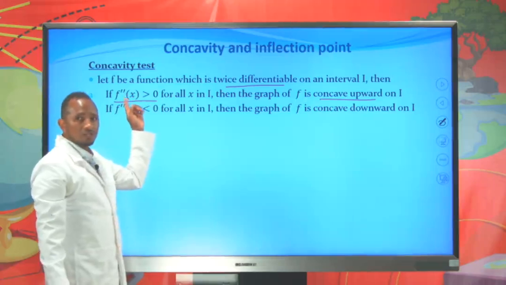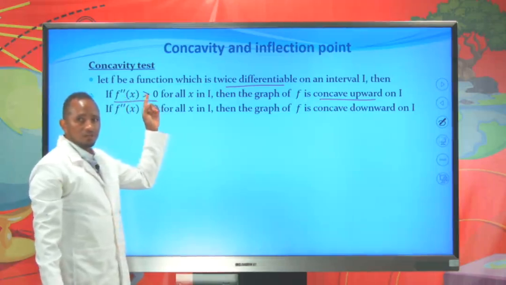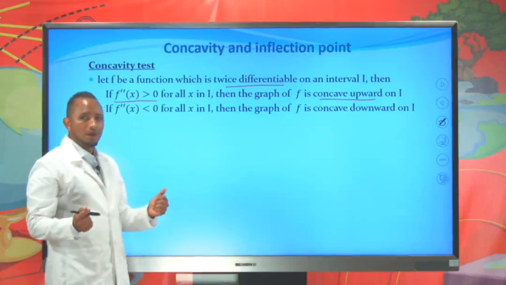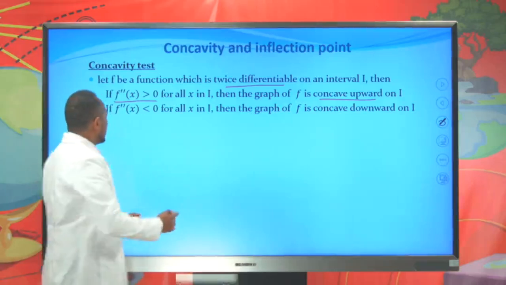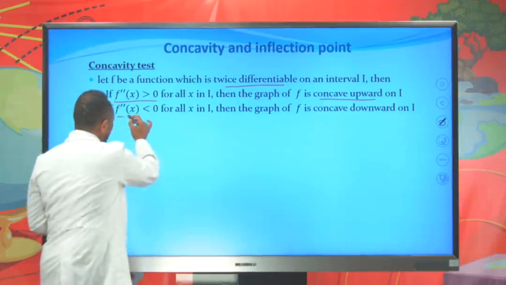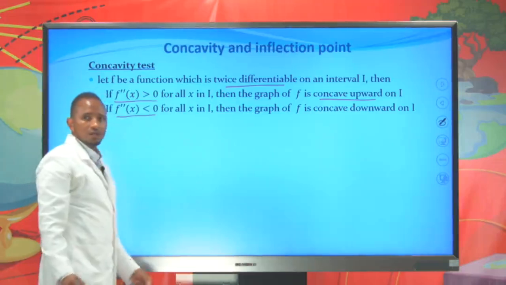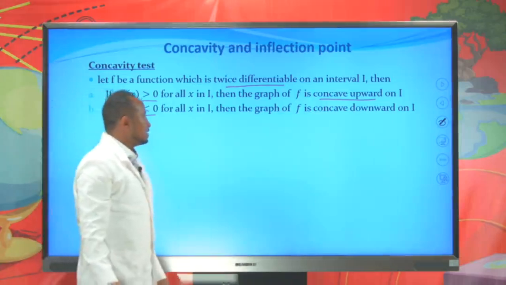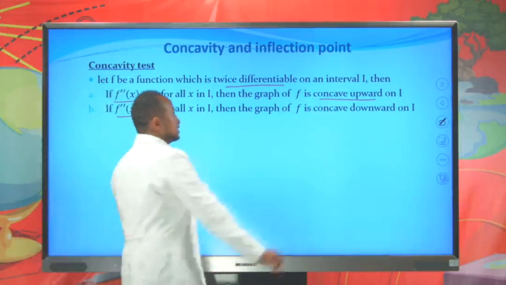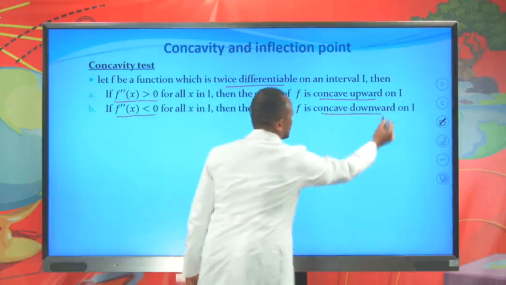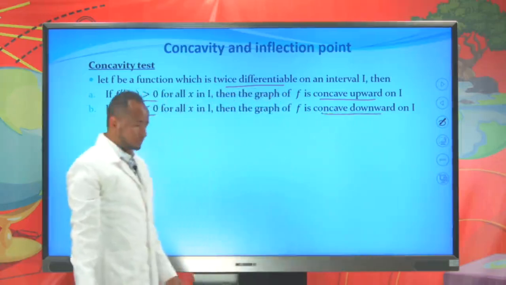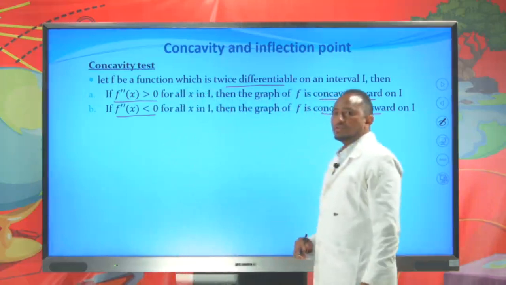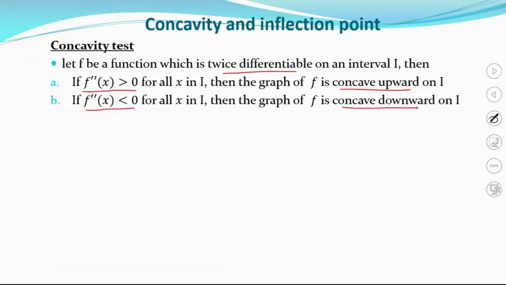If it is greater than 0, the function is concave up on that interval. And if the second derivative is less than 0 for all x in that interval, then the graph of f is concave downward. The point where the concavity changes, we call an inflection point.